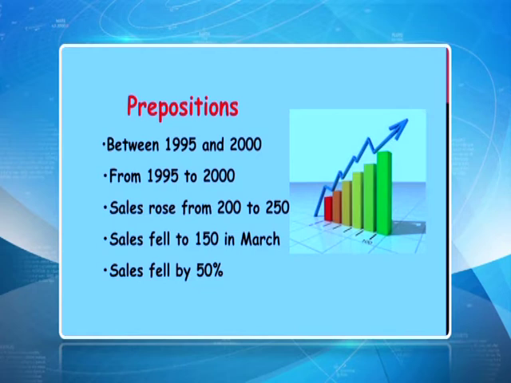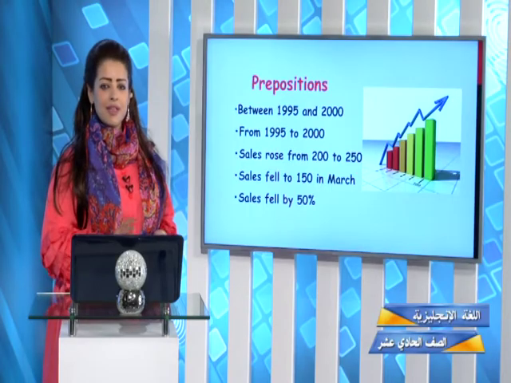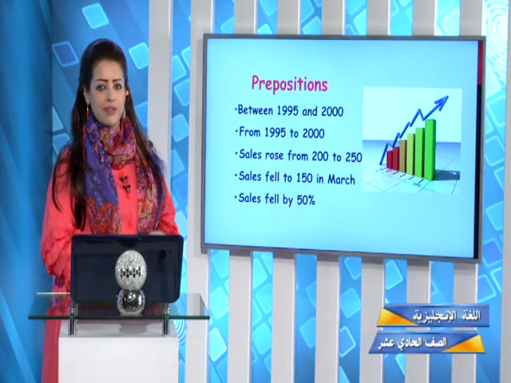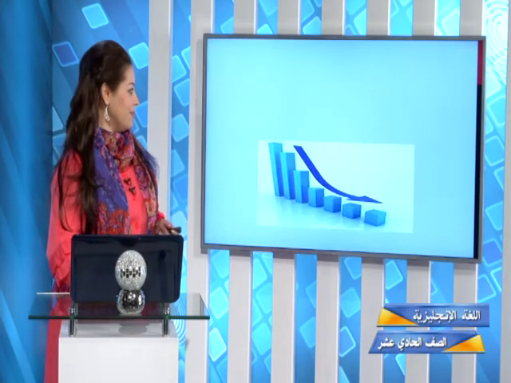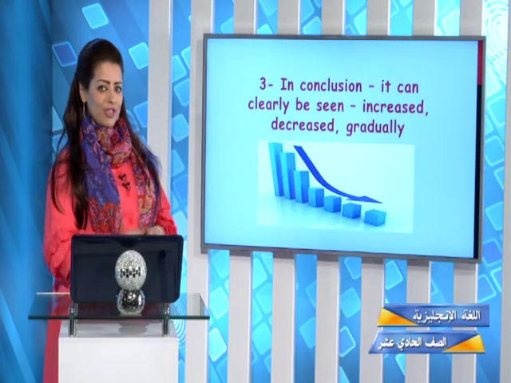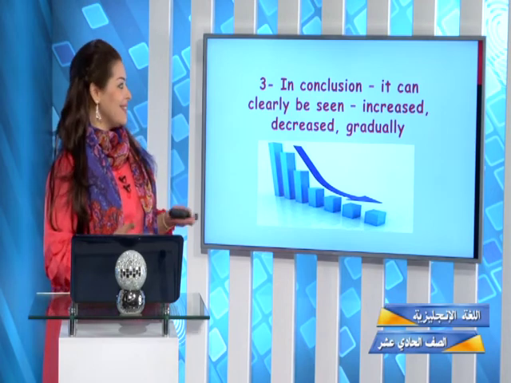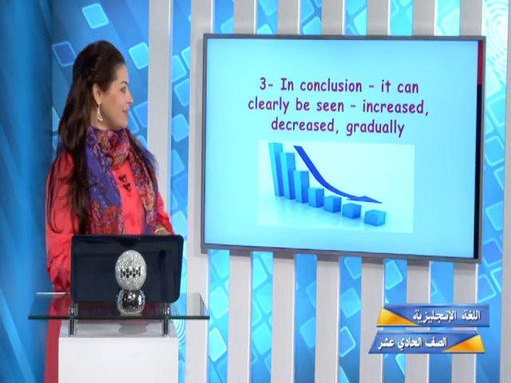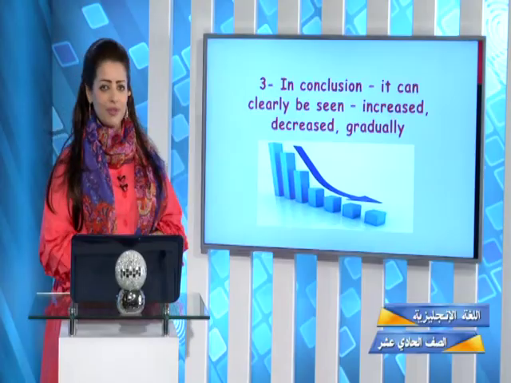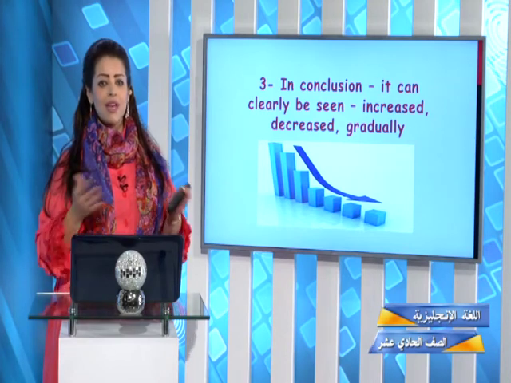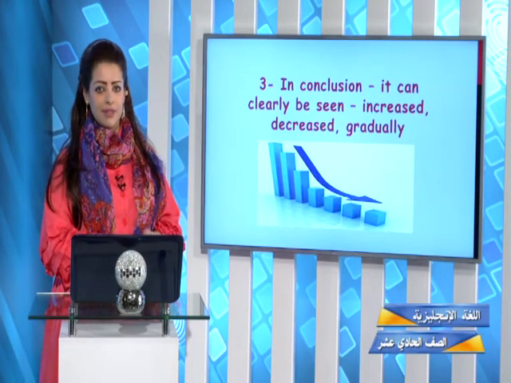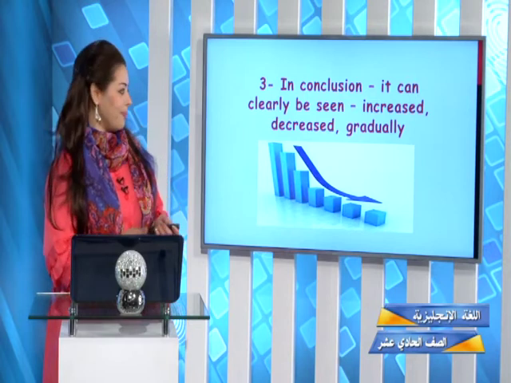Or the last example, sales fell by 50%. In this paragraph, you should give a lot of details. Now, in the conclusion, it can clearly be seen, increased, decreased, gradually. It's an overall of what you have seen from the chart.